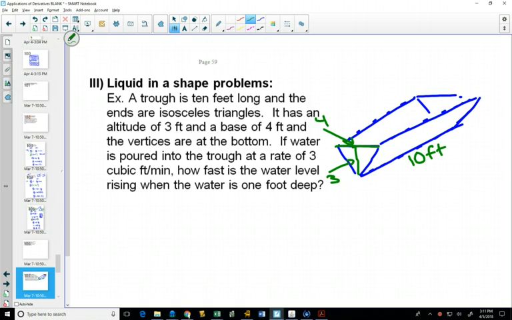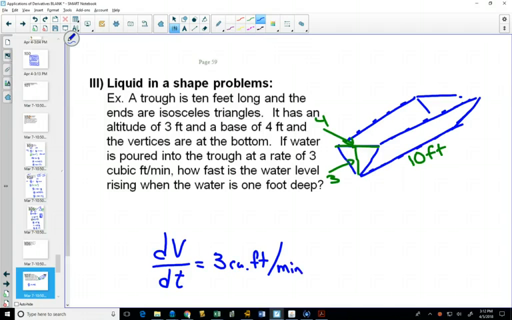So we've got to set things up again. Do our initial setup. What do we know? We know that the volume, we're told dV/dt, it's getting poured in 3 cubic feet per minute. So that tells us that volume is a function of time.